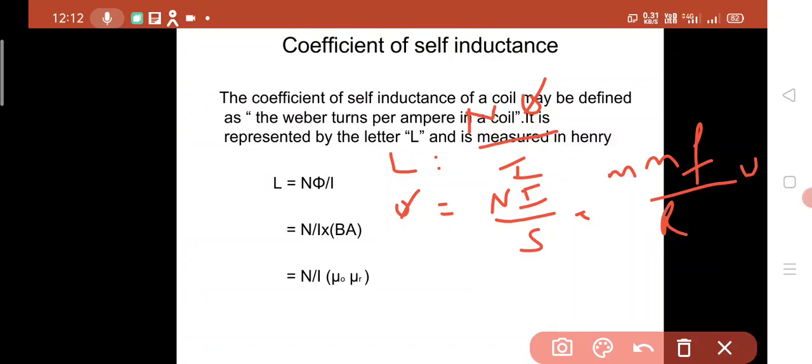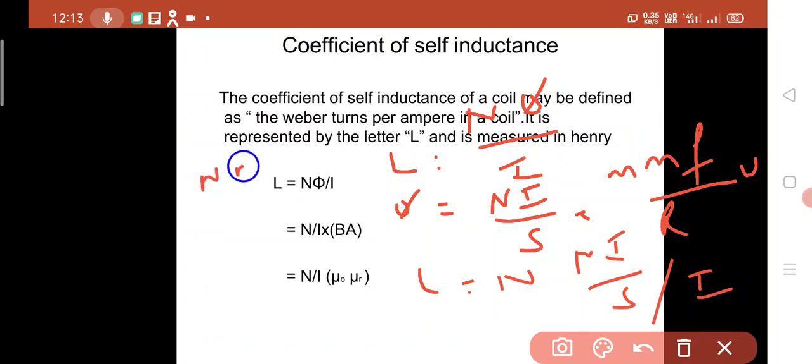So next step, L is equal to N into NI by S by I. So N into N, I by I cancels, so L is equal to N square by S.